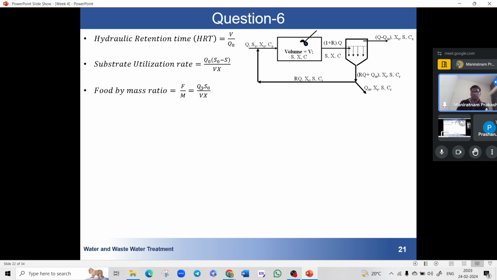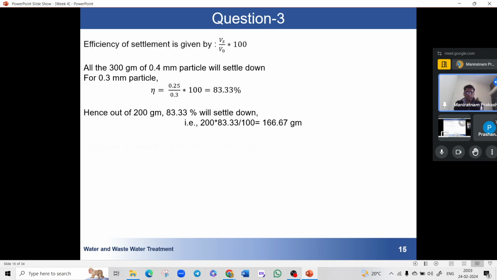Food means organic matter: at what flow the food is coming in, and what is the concentration of organic matter in the wastewater, divided by the mass, which will be the volume of the sludge times X. Just remember how I have defined this X thing.